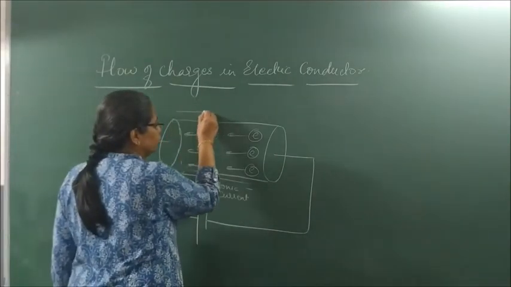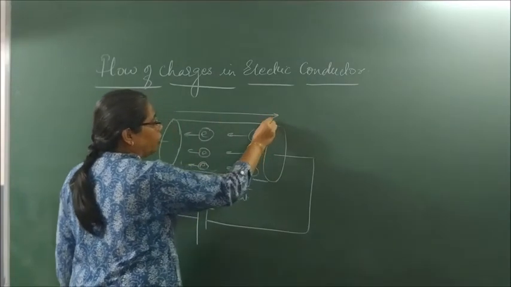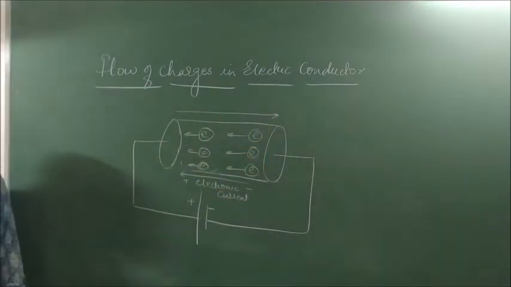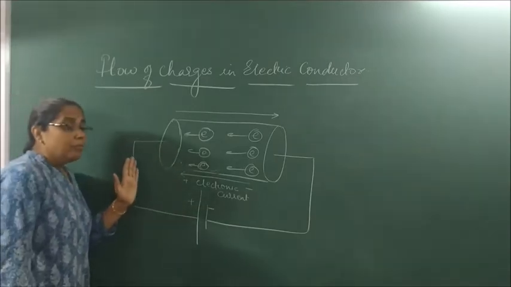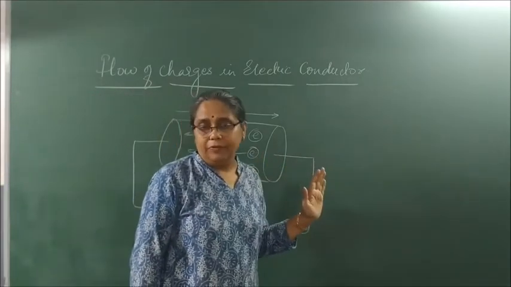But the direction of current which we follow, we learned addition first. When we were small, we first learned addition and subtraction. Always positive is much better. Even when you multiply, whole numbers are much better than decimals. Same way, we always consider the flow of current from positive terminal to negative terminal.